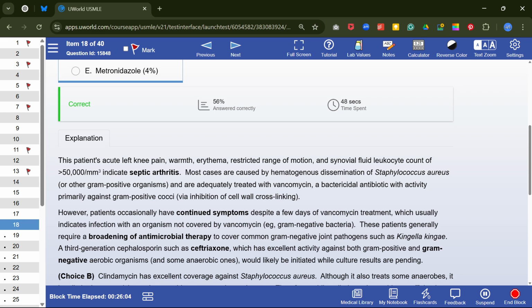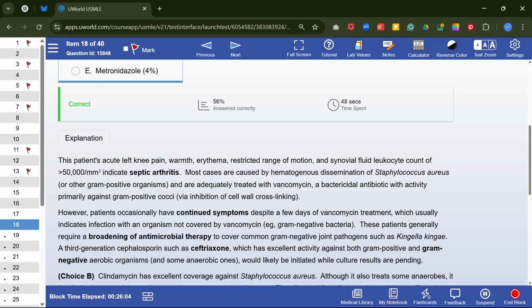However, patients occasionally have continued symptoms despite a few days of vancomycin treatment, which usually indicates infection with an organism not covered by vancomycin, such as gram-negative bacteria. Therefore, patients generally require broadening of antimicrobial therapy to cover the gram-negative joint pathogen such as Kingella.